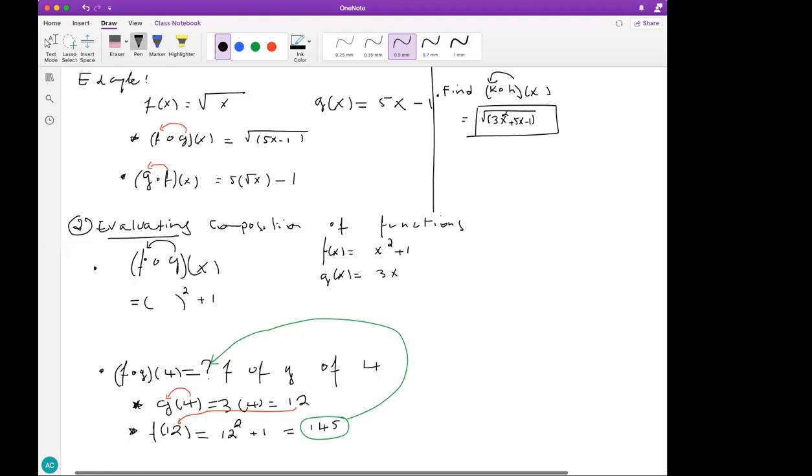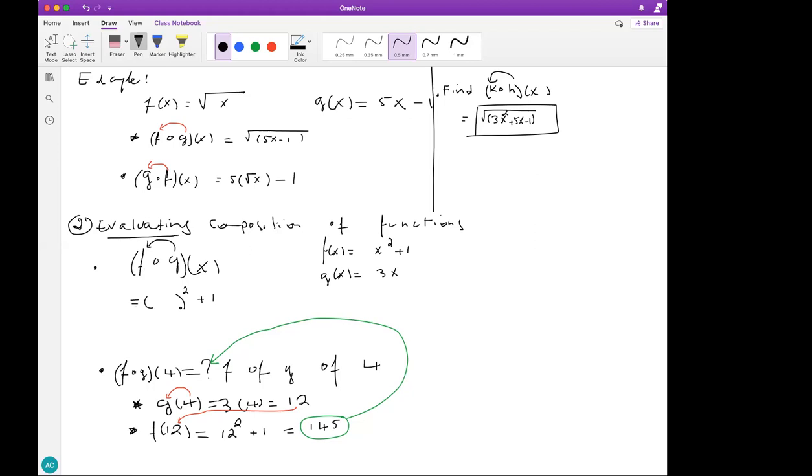Then we want to plug g into f. So what goes inside the parentheses here? We wrote this function without the x. What goes here inside of the parentheses? Everyone, what goes here? 3x. 3x, that's right. So we're plugging g into f.